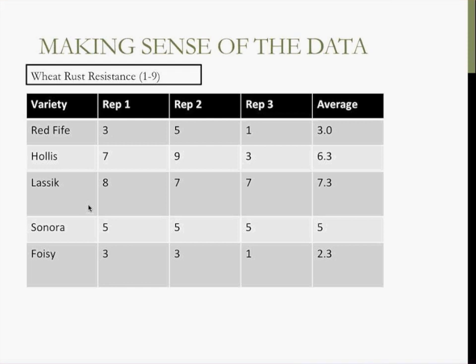All right. Thank you, Julie. She mentioned that the analysis side of it is sort of the final hurdle. You've put all of this effort into conducting a variety trial. You've gone out there, taken space in your field to plant this, had to manage multiple different varieties, which is usually a larger burden than just growing a single crop.